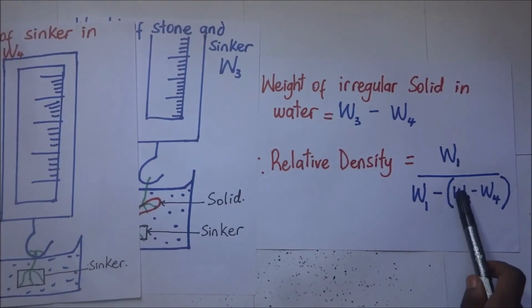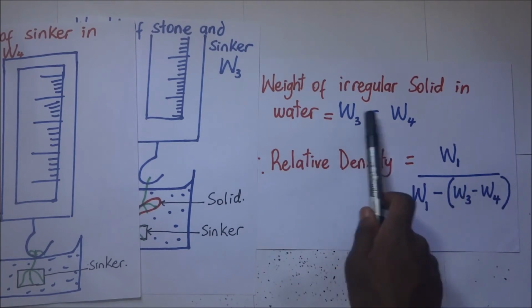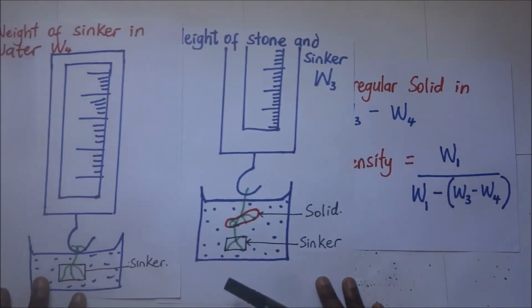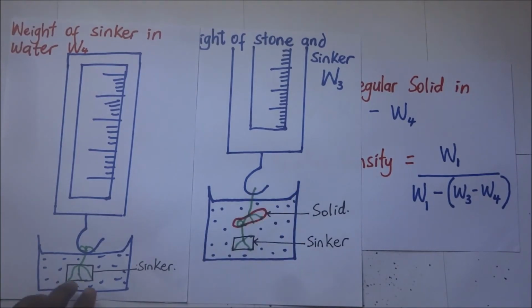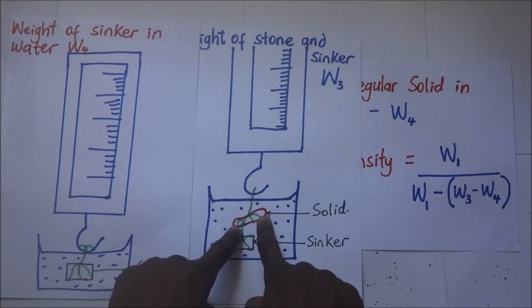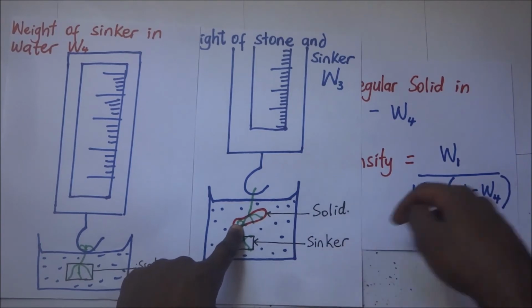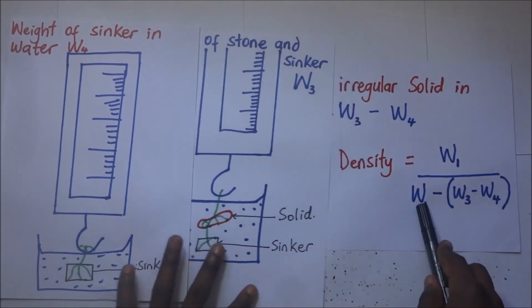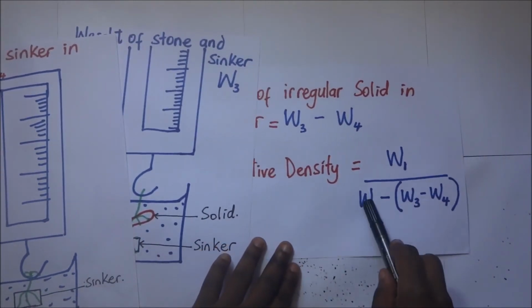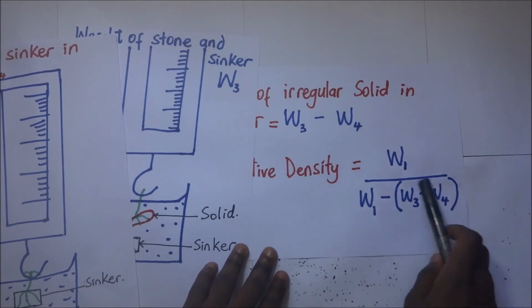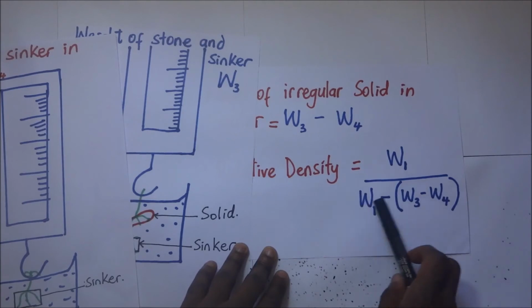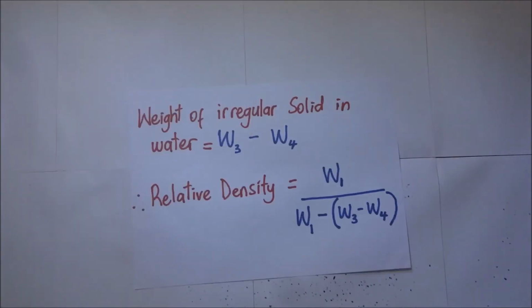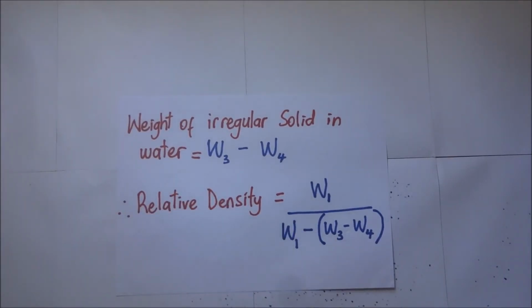That is the essence of this W3 minus W4: we take the total weight of the two minus the weight of the sinker, so that we get the weight of the solid when it is immersed in liquid. The weight in air minus the weight when the solid is immersed in liquid gives us the apparent loss in weight of the solid, and this is how we get the relative density.